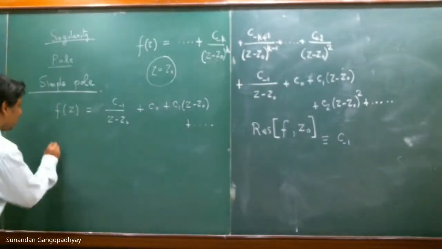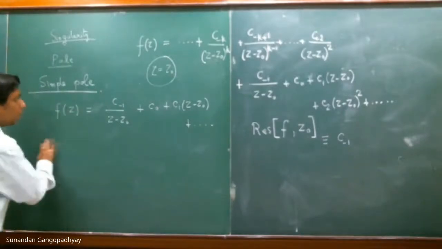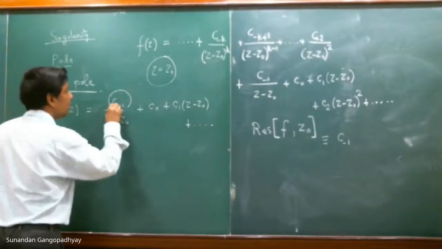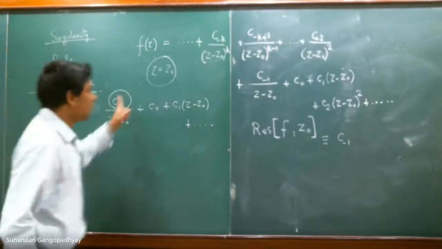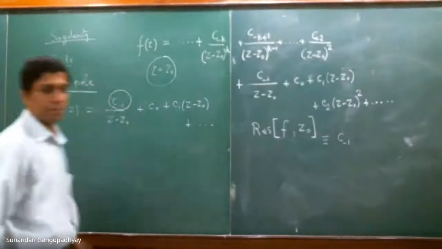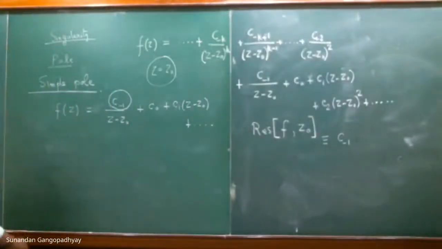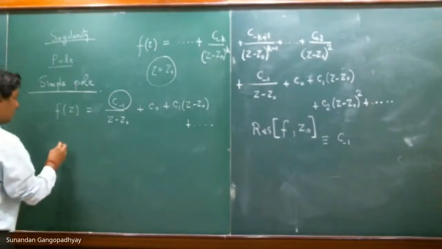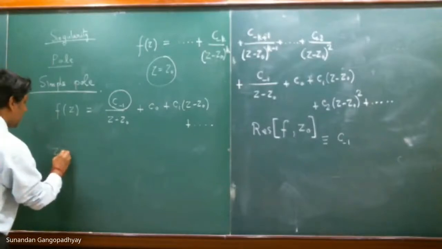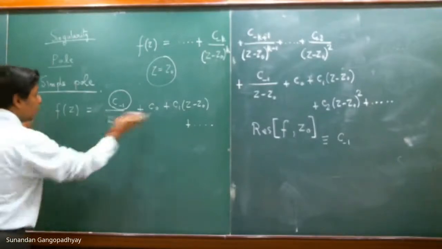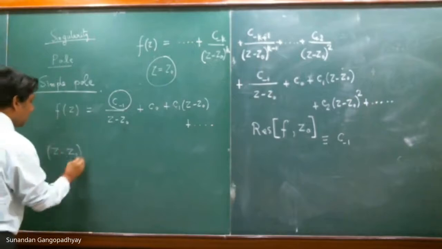And what we need to find is this coefficient, because this coefficient is the residue of the function. Okay, so let us find a formula for this coefficient. It is simple to find it out. What we shall do is multiply both sides of this equation by z minus z naught.